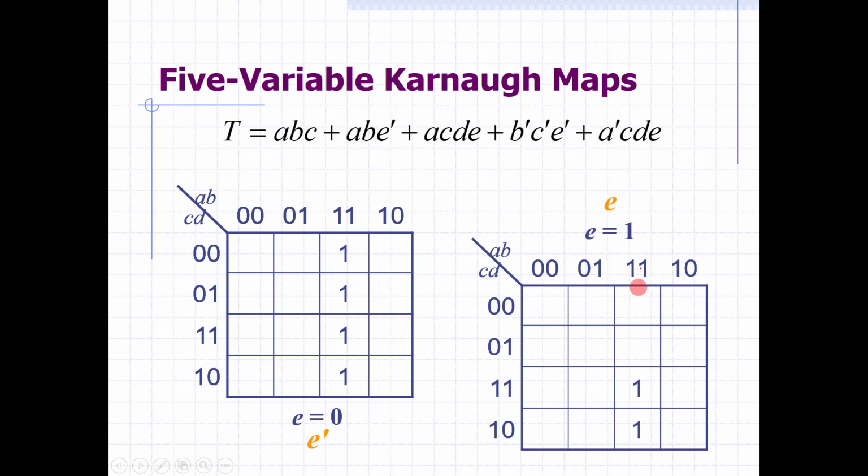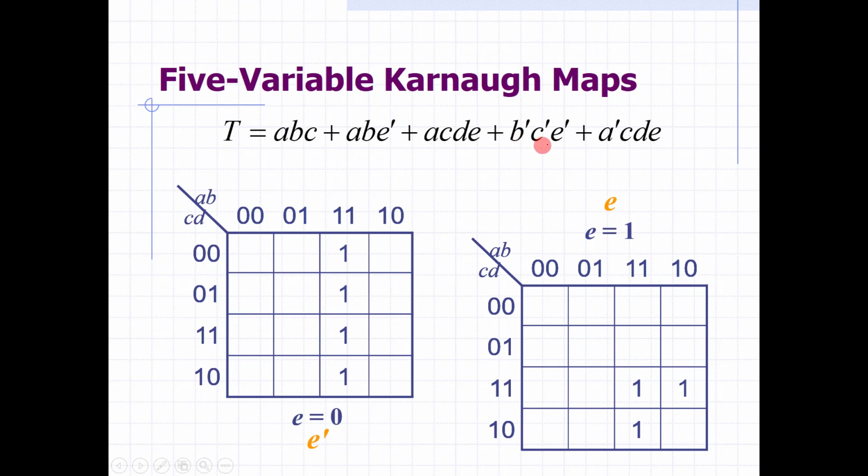It's in this column and the last column. And then I have to find where C and D are 1. So I'm in these 2 columns, and then I'm looking for C and D both being 1. So that's here and here. So these 2 spots. Hopefully you can see my cursor on the screen. So this 1 showed up, and this 1 got overwritten, but it was already a 1, so it's still a 1. We can do the next term.